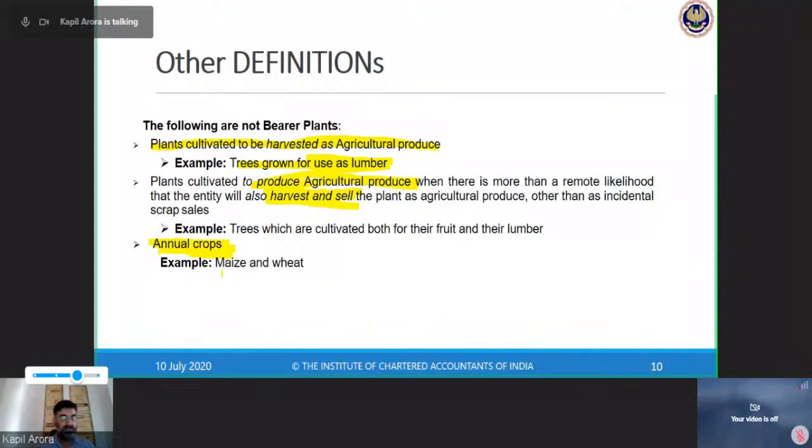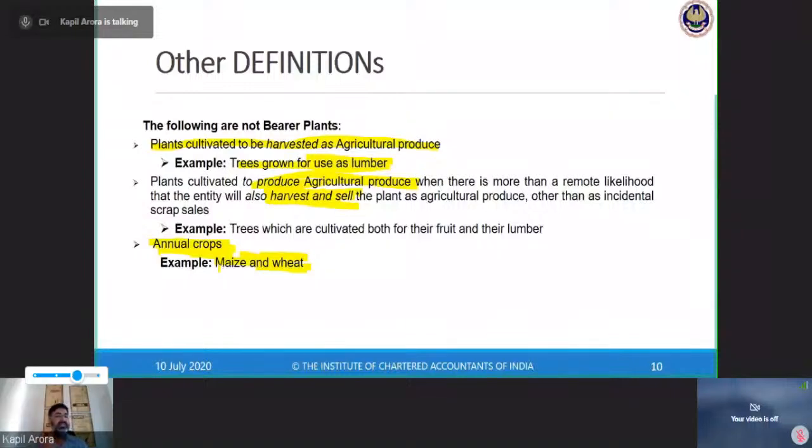So maize, wheat, rice, which we grow annually, means I have to grow again and again every time. So those will never be considered as bearer plant.